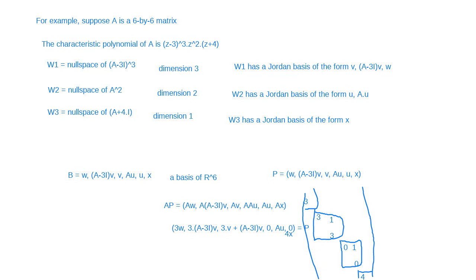So we have a factorization A equals P D P inverse, but the D is not diagonal, it's almost diagonal. We just have these little ones. And sometimes you can't get rid of those ones because those ones are telling you that your matrix is not diagonalizable.